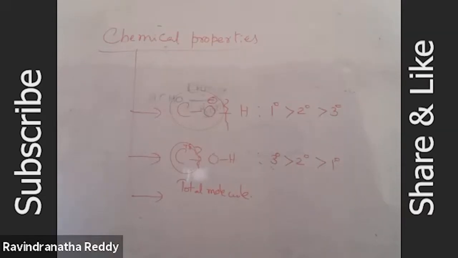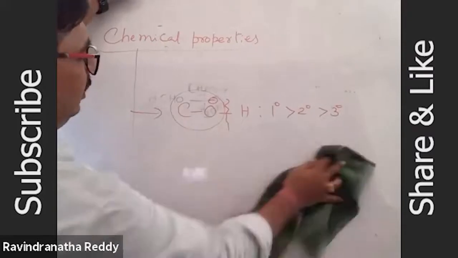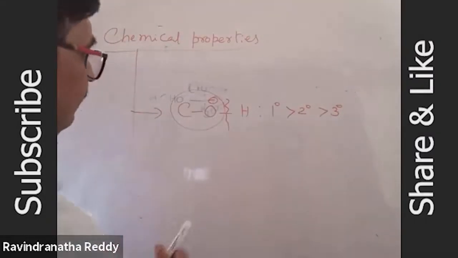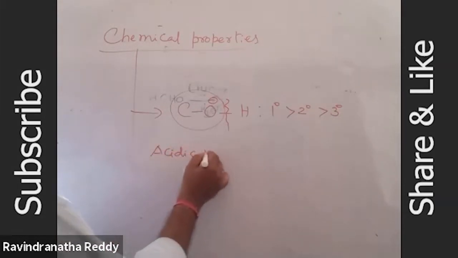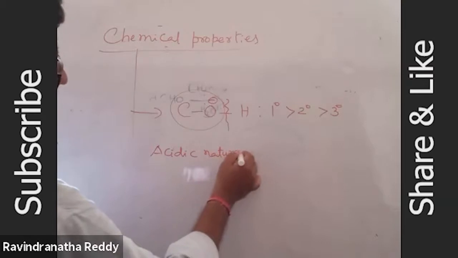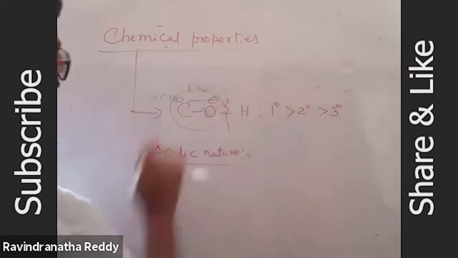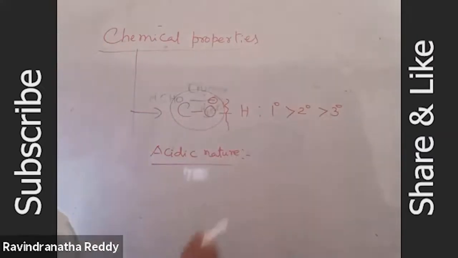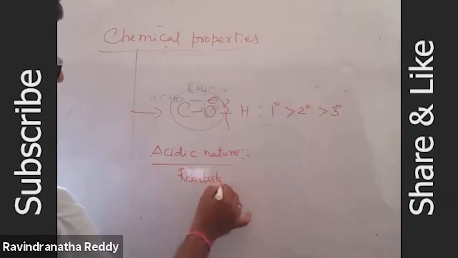So here the first category is acidic nature. Acidic nature is explained based on this property. Acidic nature means giving a proton, H plus. So this is C-O, here O-H bond breaking. Compare the reactivity order.